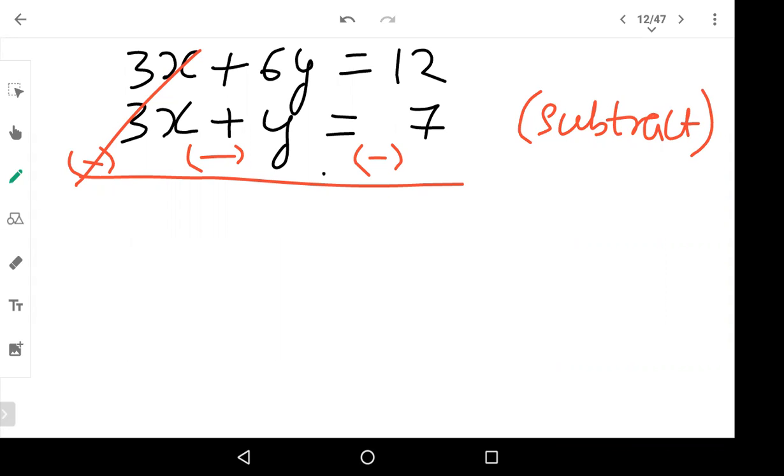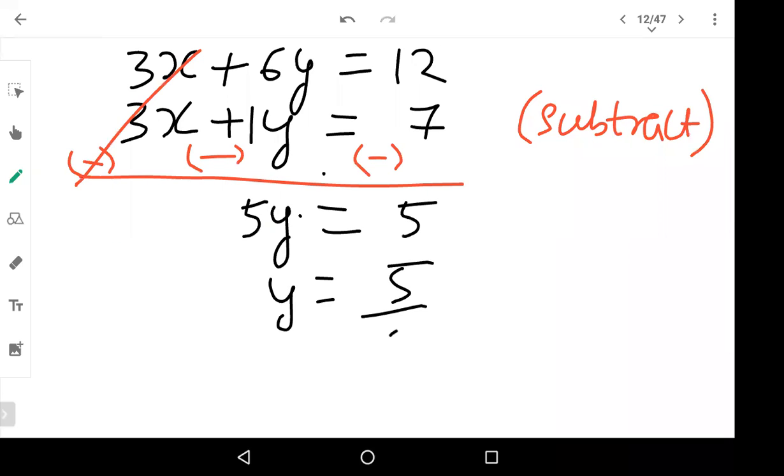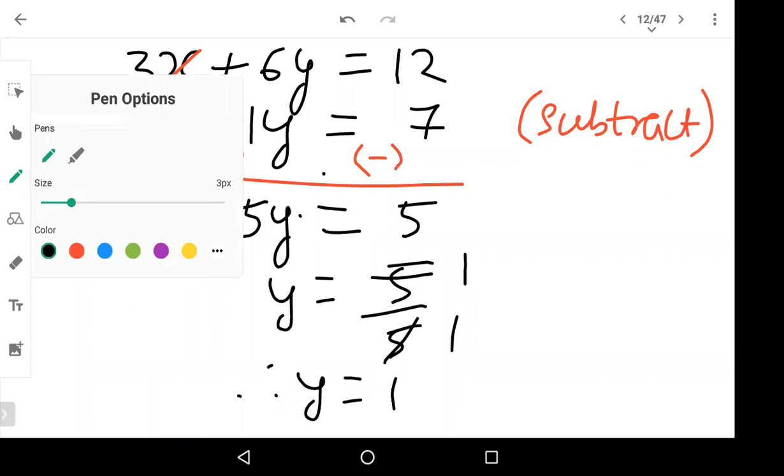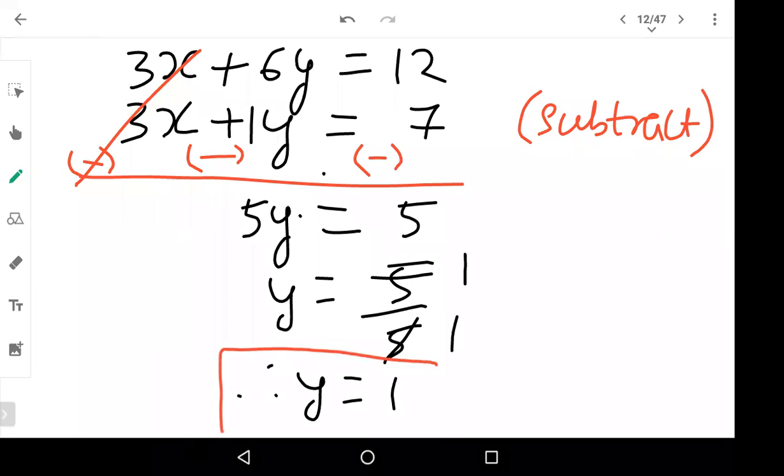So once I cancel 3x and 3x, what is remaining with me? 6 minus 1y, I have 5y which is remaining, is equal to 12 minus 7 is 5. So y is equal to 5 divided by 5. Therefore, y is equal to 1. Yeah, y is equal to 1, x is equal to 2. Good.